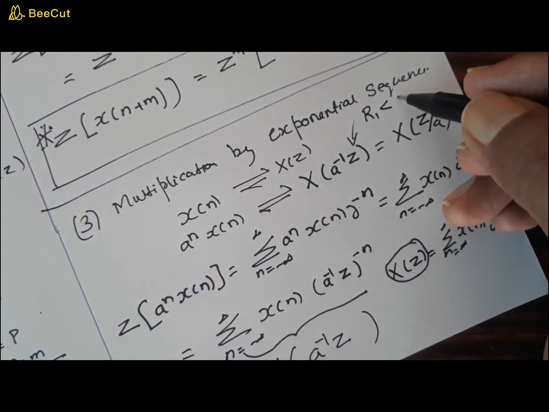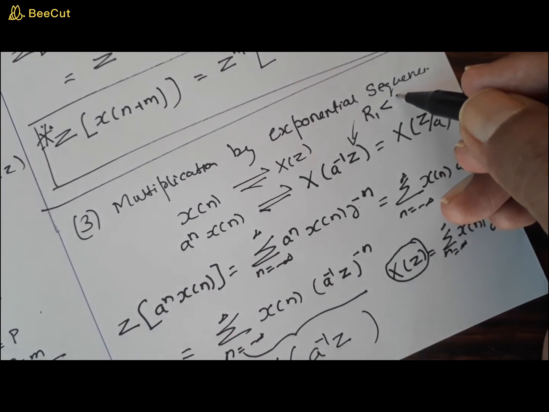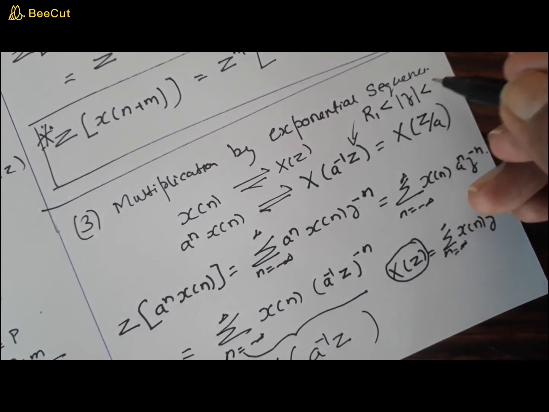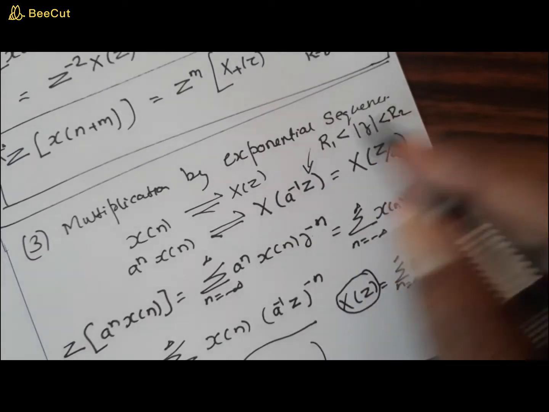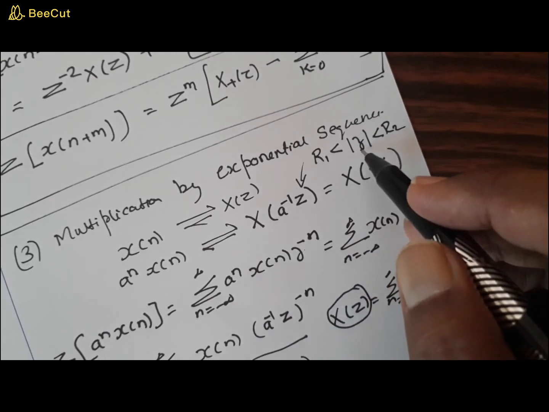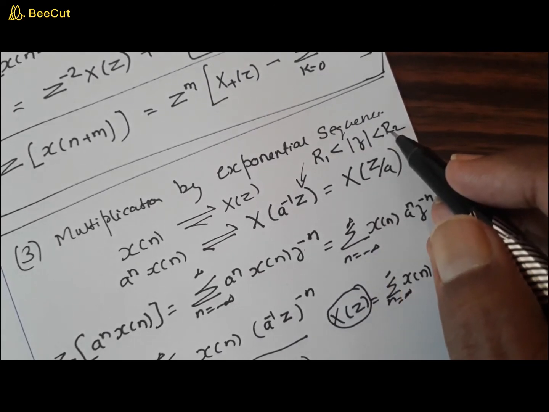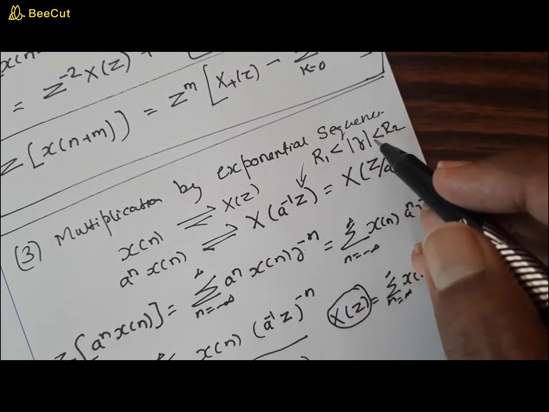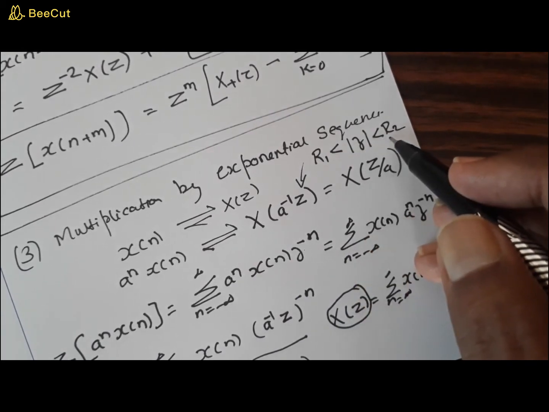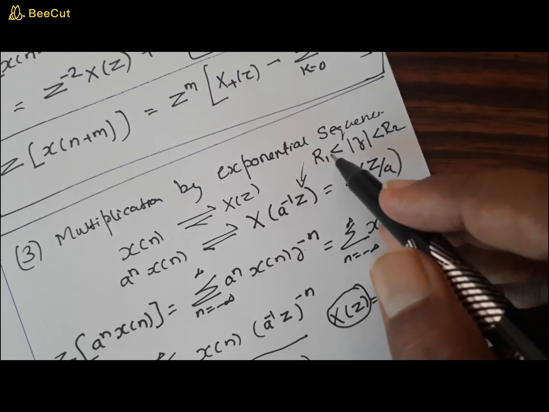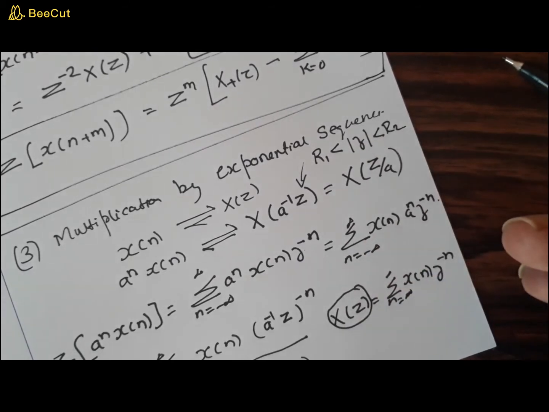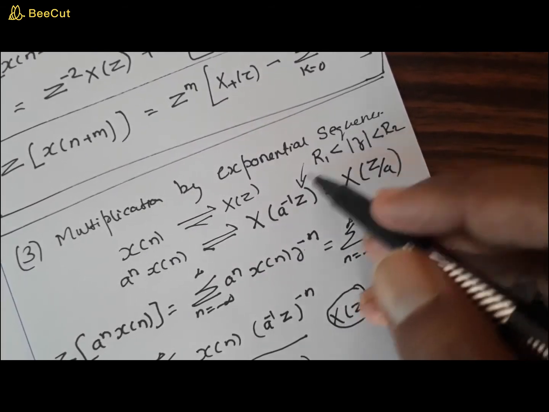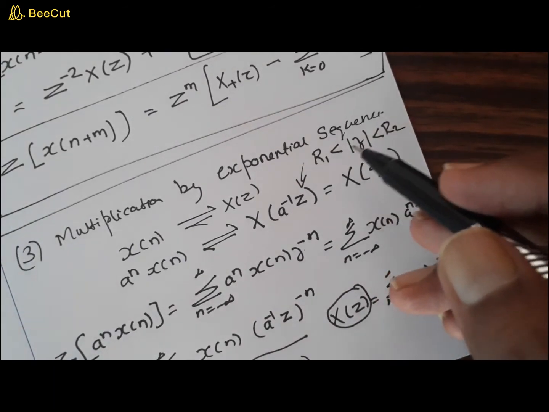It can be a general signal, so this is a general ROC. That means if it is a causal signal, this will be mod z greater than R1. If it is a non-causal signal, it will be mod z less than R2. If it is a double-sided signal, it has to be between R1 and R2. So you can consider this as a general ROC of this equation.